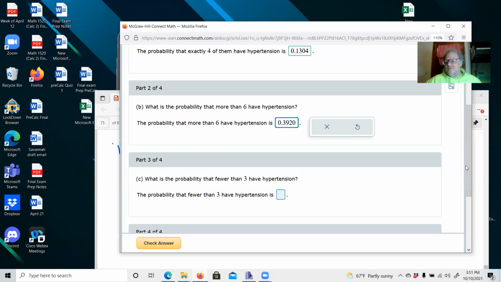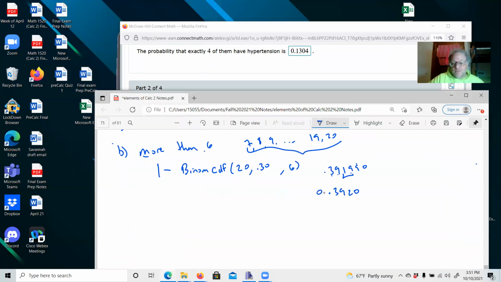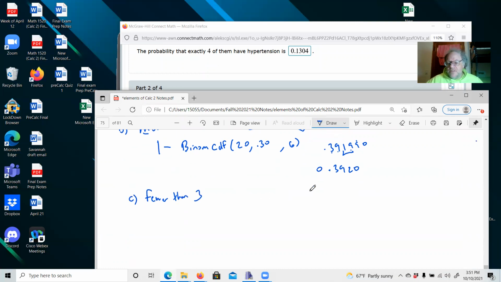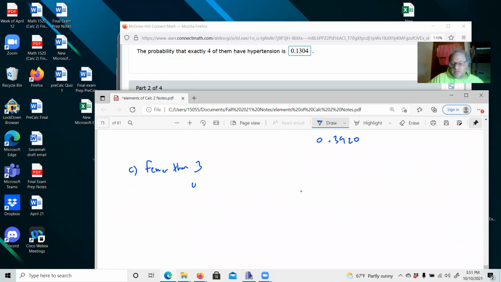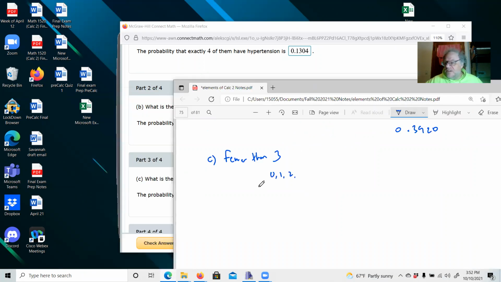Let's see. What is the probability that fewer than 3? This one says fewer. There's no 1 minus. Fewer than 3, so what numbers are those? That's 0, 1, and 2. We don't really technically need the CDF for this one because it's only 3 problems and they're not too bad, but we'll continue reinforcing the calculator here.